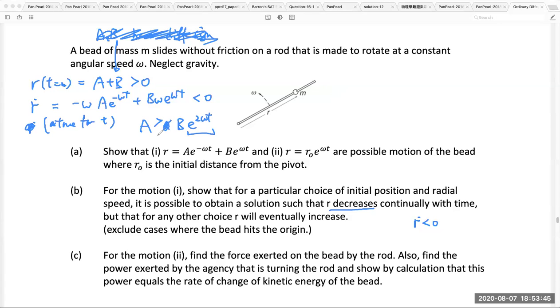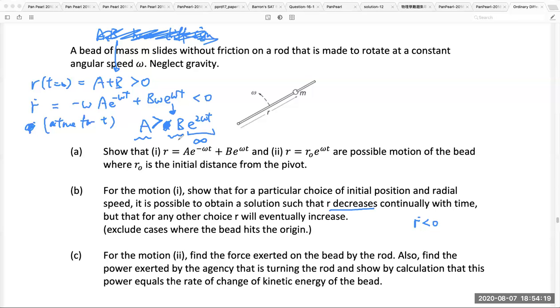I get it wrong, I did the derivative wrongly. It should be A greater than B times this one. It will go to infinity when t goes to infinity. So if A and B are both positive numbers, it is impossible.